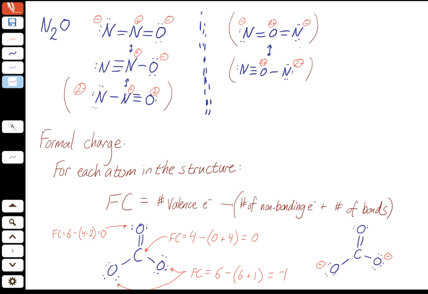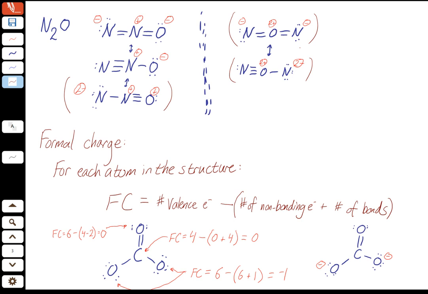But when we look at the formal charges, there's really no way to make the formal charges work out in that column on the right. And so we would say that this is probably not the correct connectivity, and in fact, it's not. So that structure doesn't really exist. That's not an N2O. And we use formal charges to figure that out.